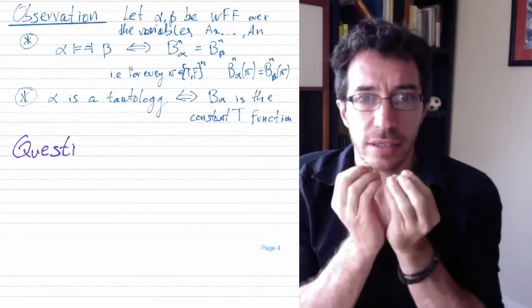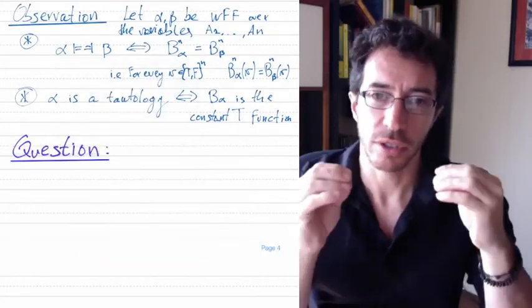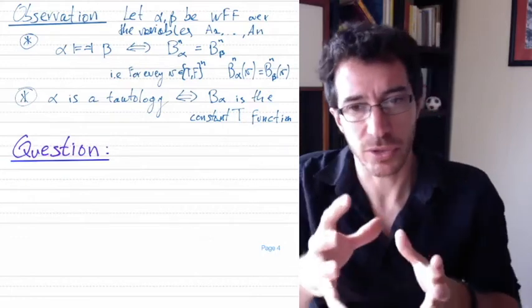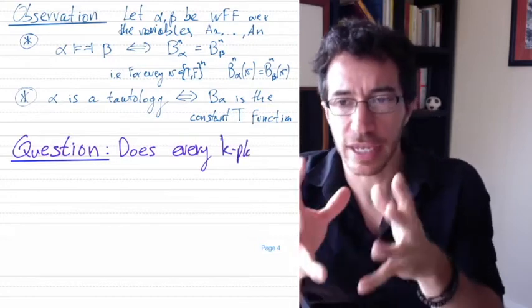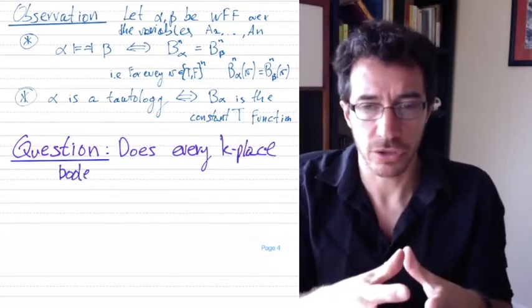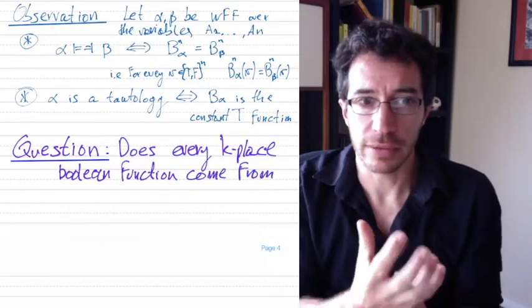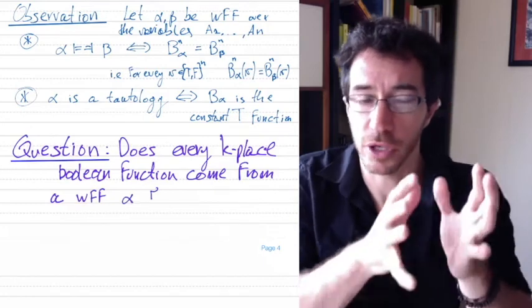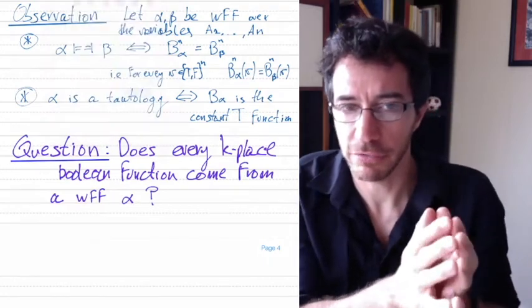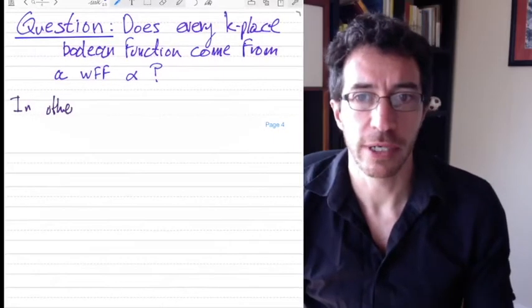So let's now go back to the main questions that we had before. Now we can ask the question more formally, now that we have the language to talk about it. And the question now becomes, does every k-place Boolean function have an associated formula, or come from a well-formed formula? So if you're given the k-place Boolean function, does it come from a well-formed formula?